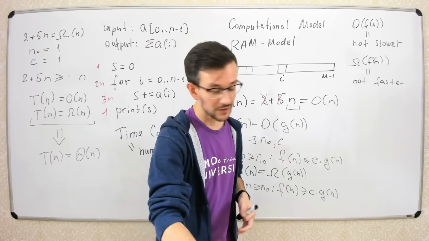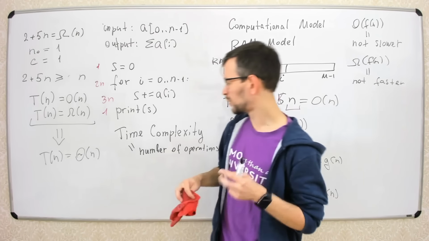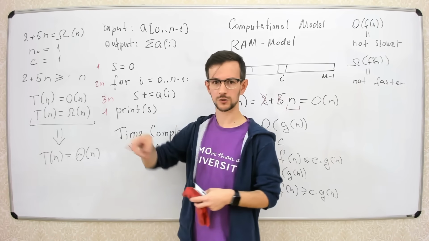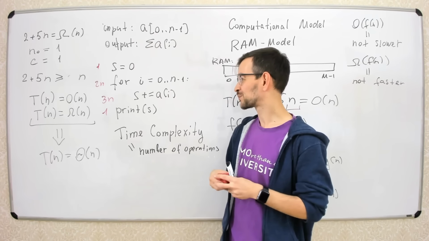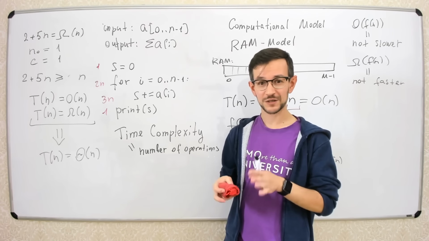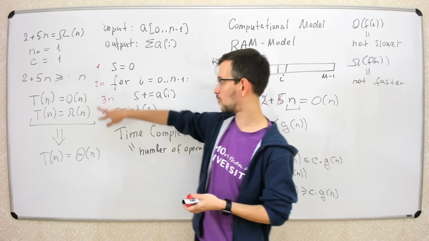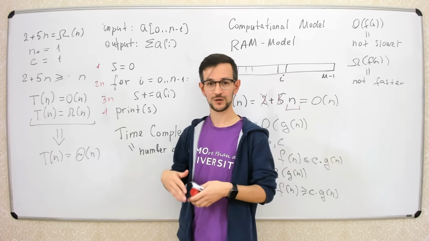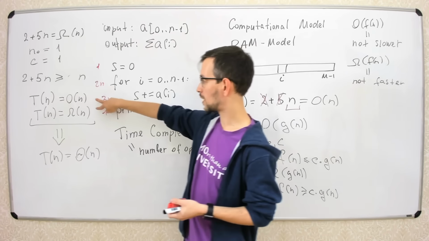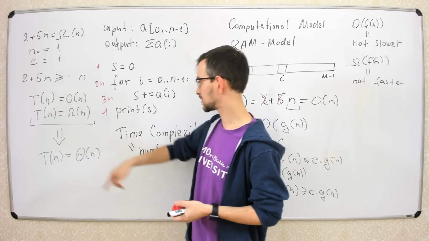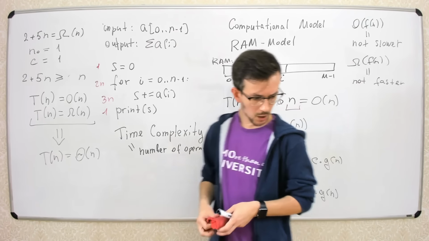Good. So in this course, I will mostly always prove only the upper bound. But in the real world, in most cases, you want to prove both these bounds. If you're writing a real article, you want to prove both bounds and get something like this. Good.